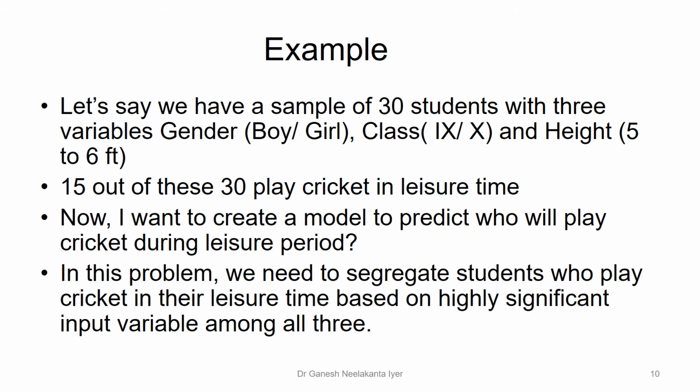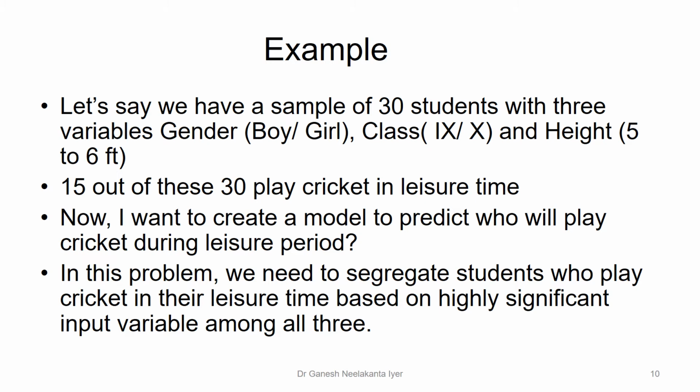Let's take an example. Let's say we have a sample of 30 students with three variables: gender, class, and height. 15 out of 30 play cricket in leisure time. Now I want to create a model to predict who will play cricket during the leisure period.